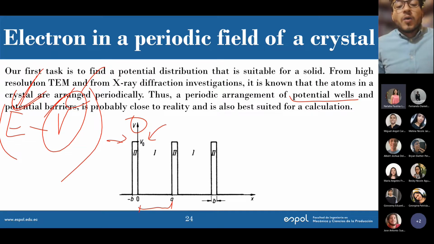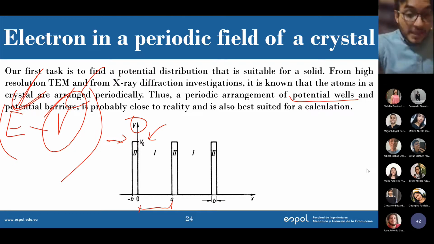Yeah, thanks. What's the width of the potential barrier? It's B. It's B, perfect. That's the width of the potential barrier.